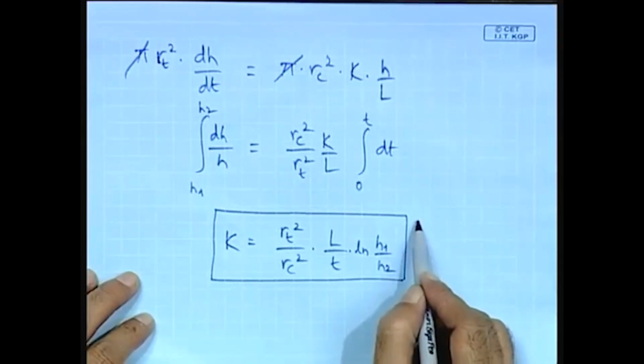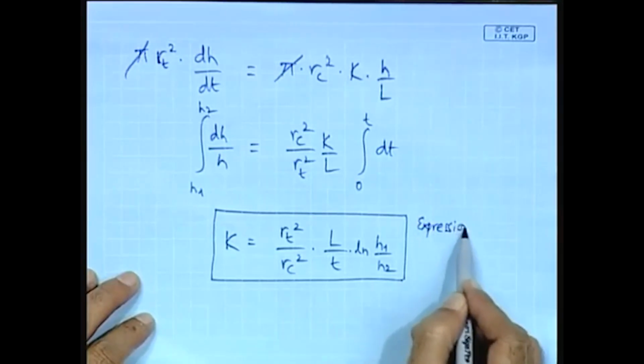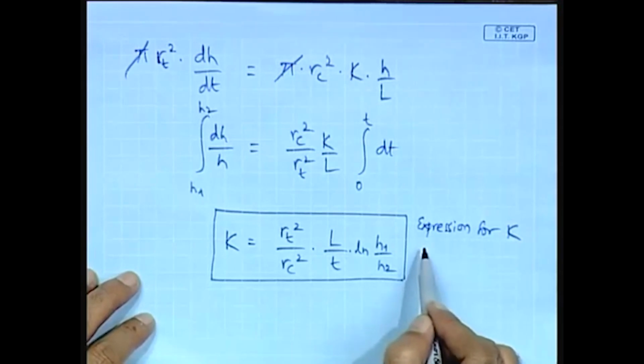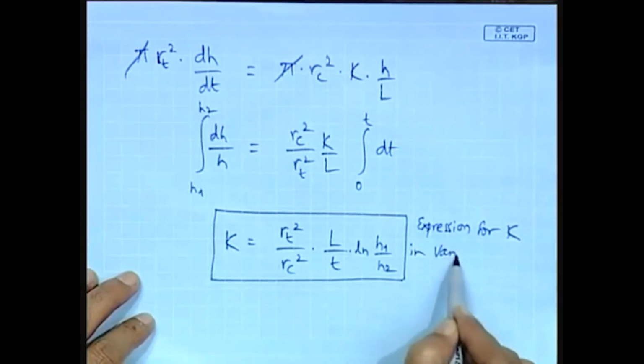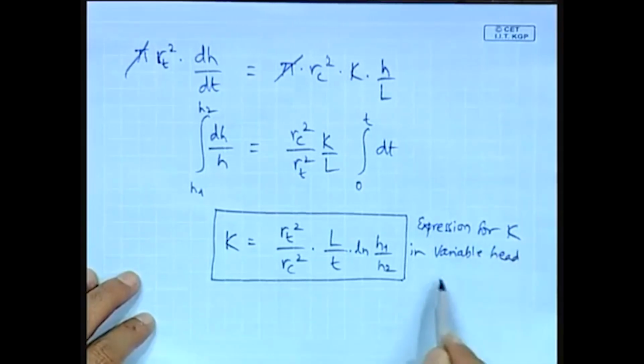So, this is the expression for K in variable head permeability test or variable head permeameter.